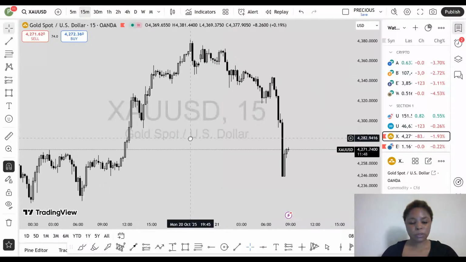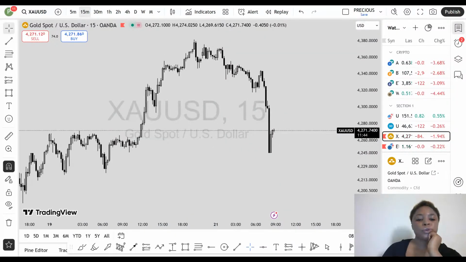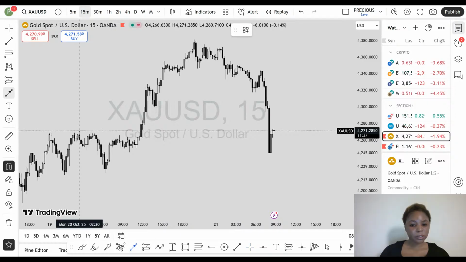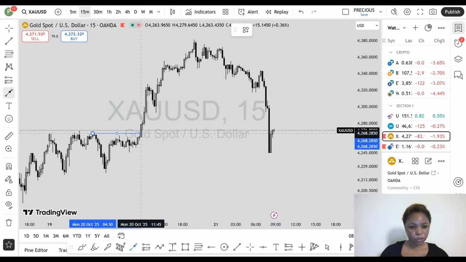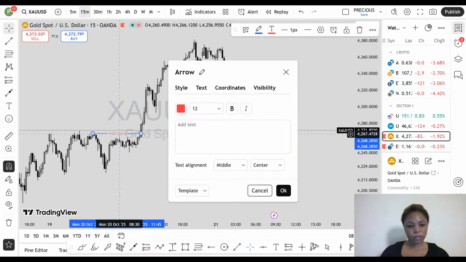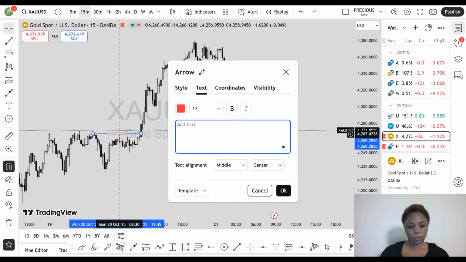All right. So looking for an entry now on 15 minutes. We have a break of structure here that price has already respected, you guys. We have a break of structure here and we have an order block here that price has come to mitigate.